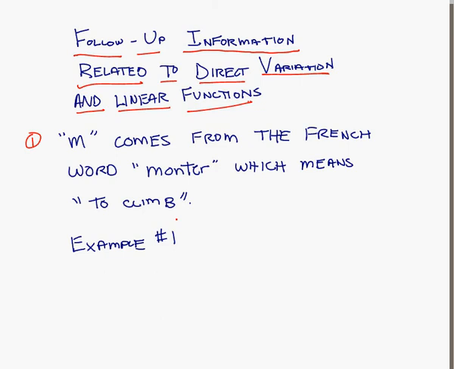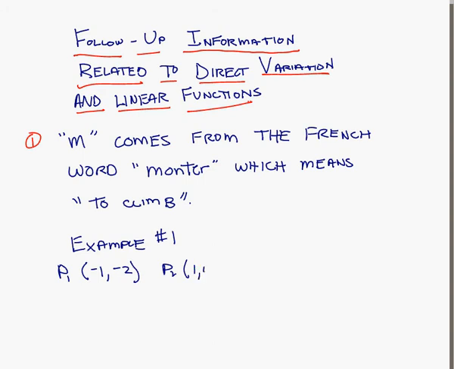For instance, if I were to give you the points (-1, -2), so this is point 1, and let's say point 2 was (1, 4).